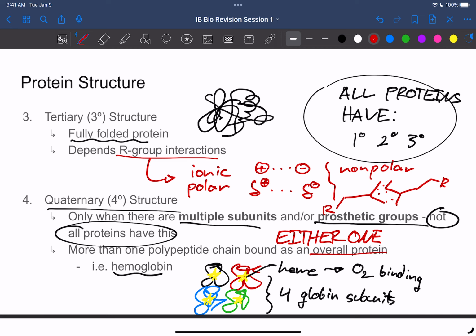So they don't have to be covalent bonds. They can be just very strong interactions. So you can either have multiple subunits, or you can have prosthetic groups, or both. I feel like this is kind of ambiguous. We're just going to highlight this. Not all proteins have this. So remember this. Proteins can just have a tertiary structure and be completely functional.